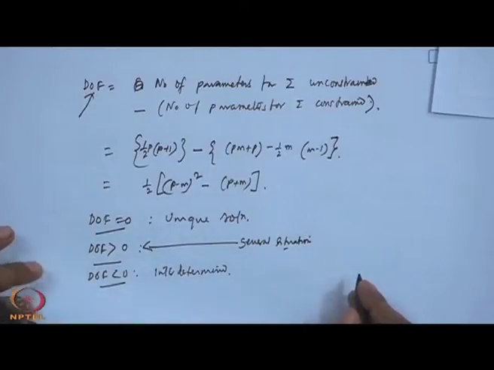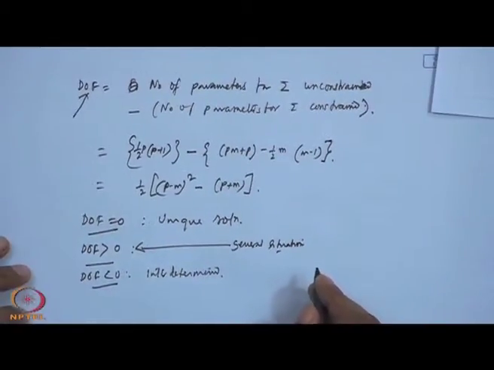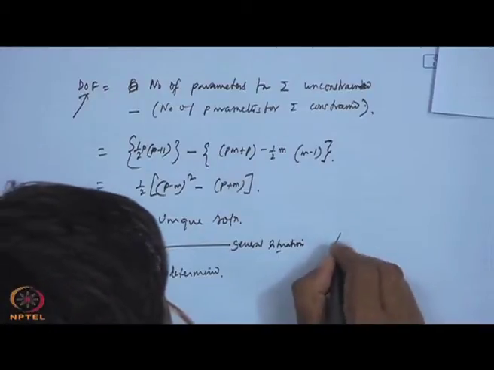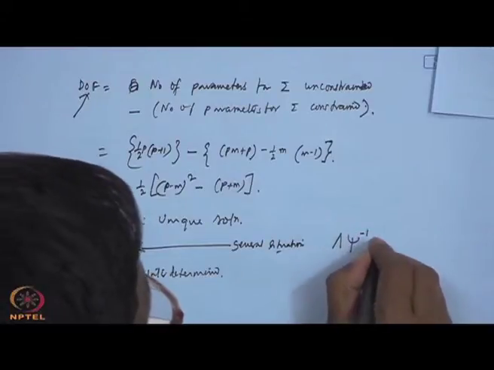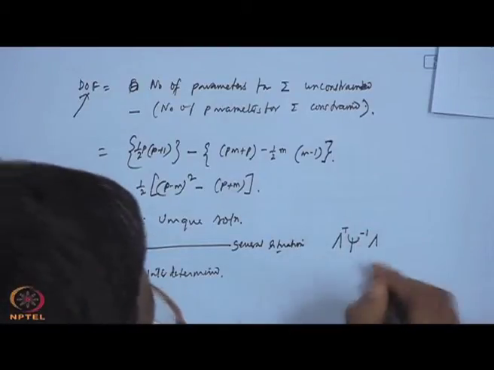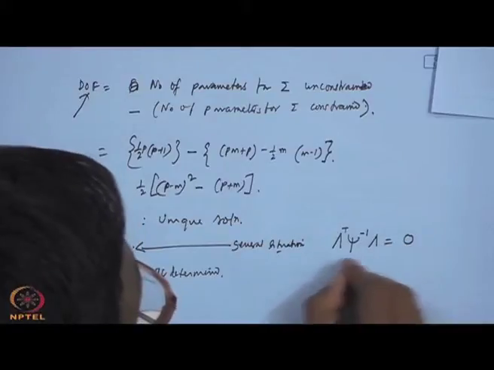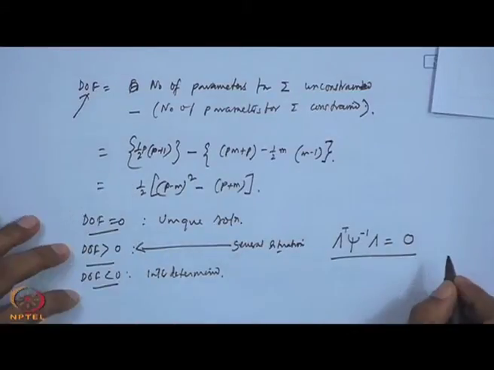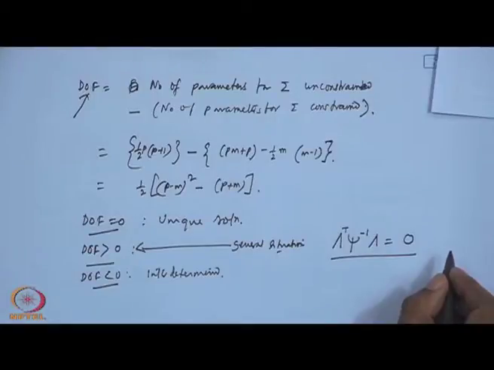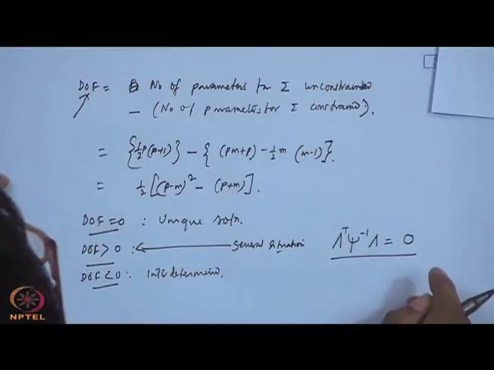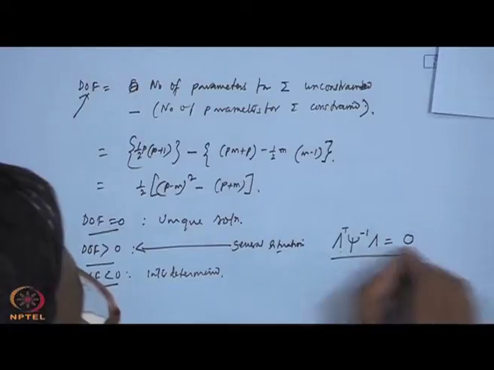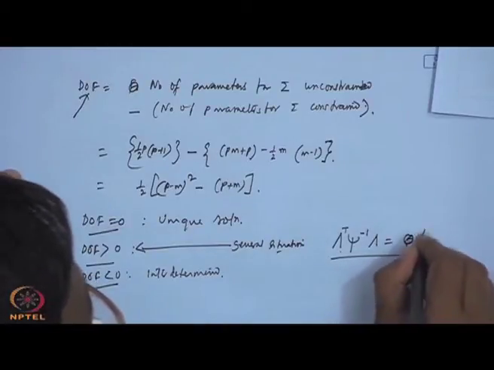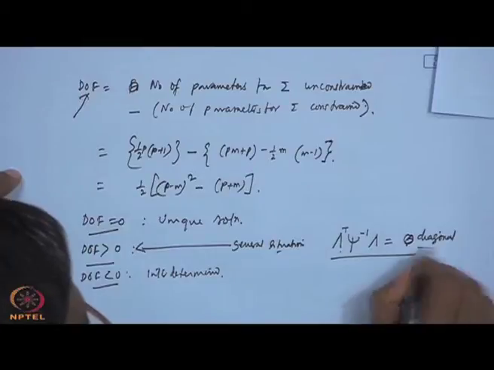So, you require to put certain constraints. That constraint will be lambda transpose psi inverse lambda becomes 0 off-diagonal, so this will become diagonal.